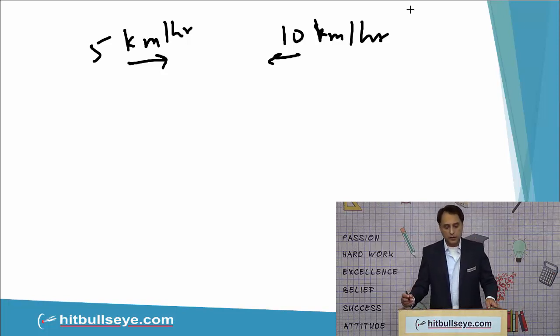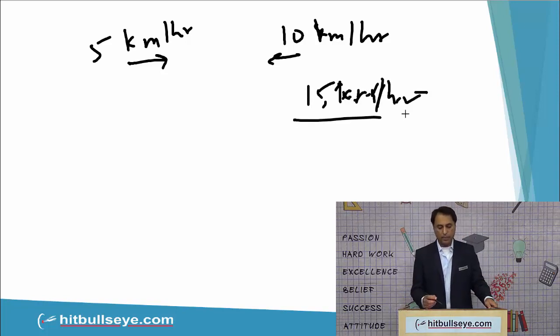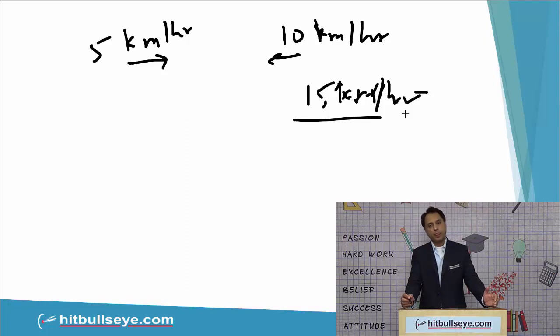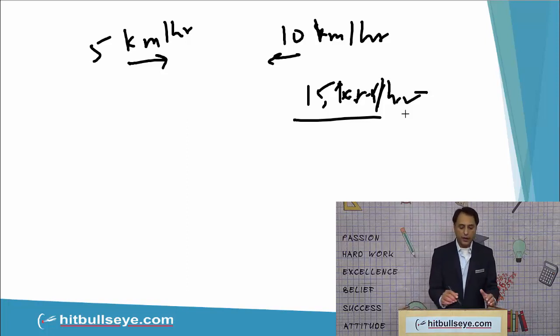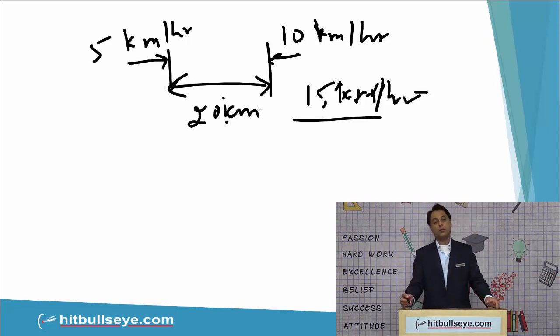In other words, the relative speed is 15 kilometers per hour. And the initial distance of separation has been given as 20 kilometers. This distance which separates them is 20 kilometers.